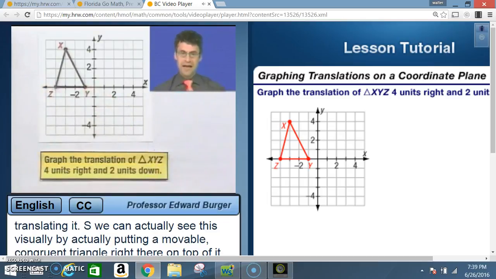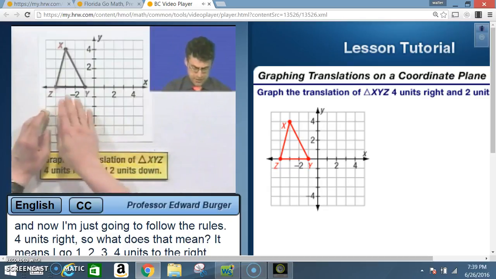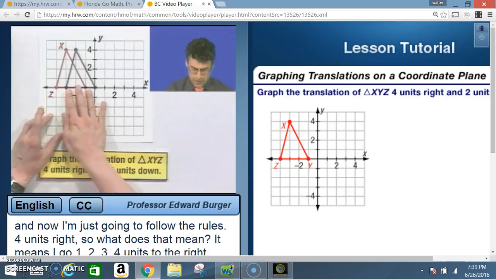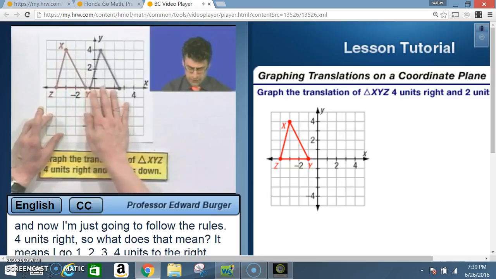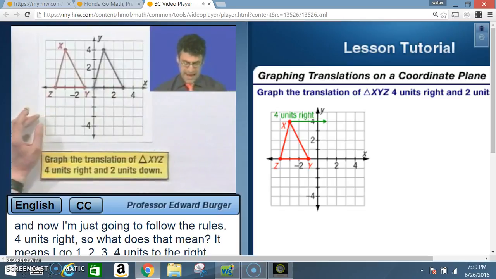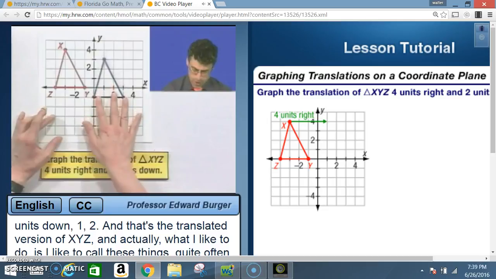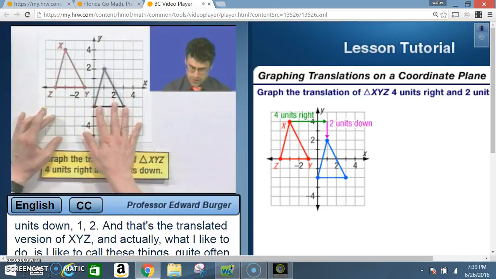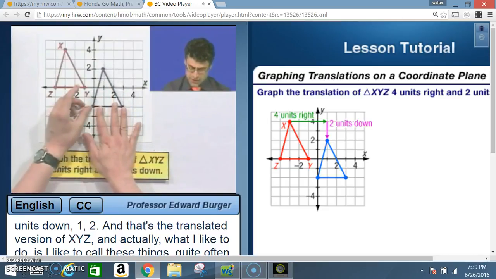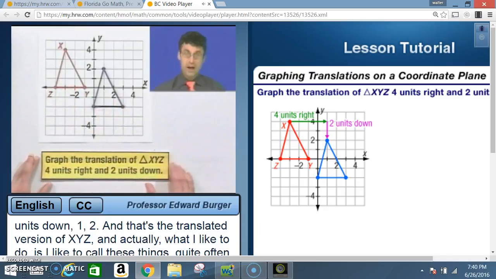Now I'm just going to follow the rules. 4 units right: I go 1, 2, 3, 4 units to the right. And then I go 2 units down, 1, 2. And that's the translated version of XYZ.